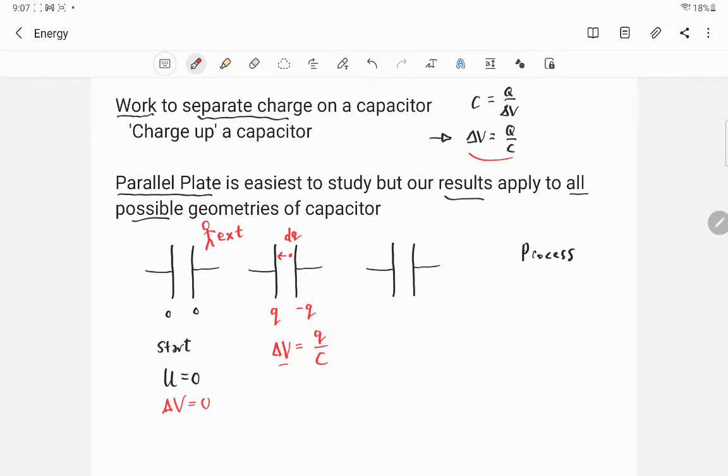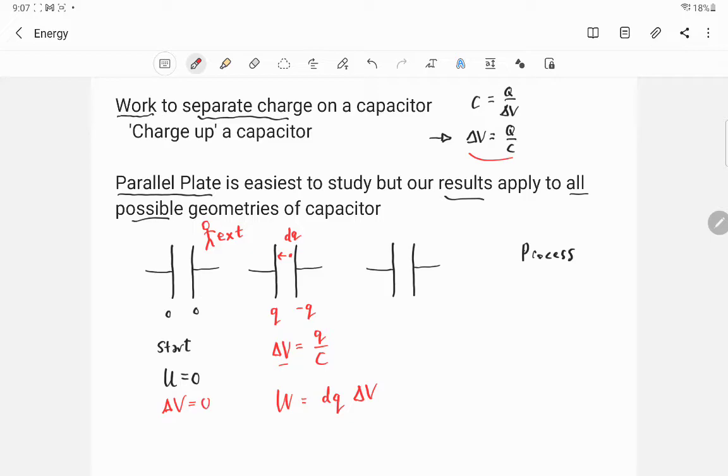You increase the potential difference. The amount of work required to move this little charge from the negative plate to the positive plate is equal to the work required to move it up this potential difference.